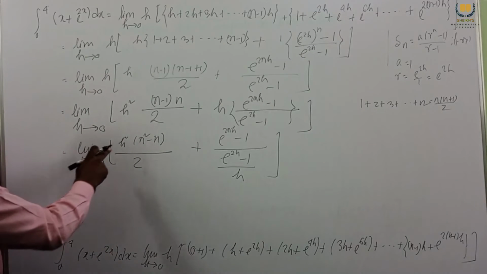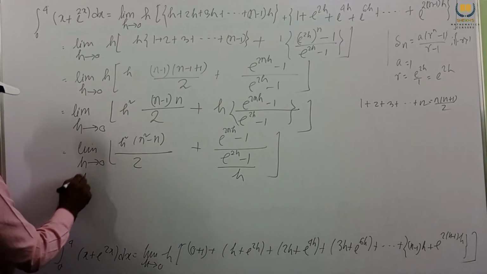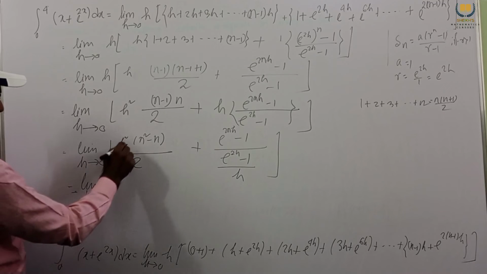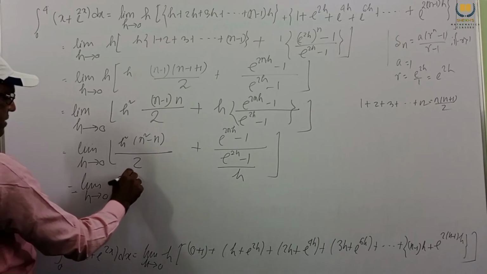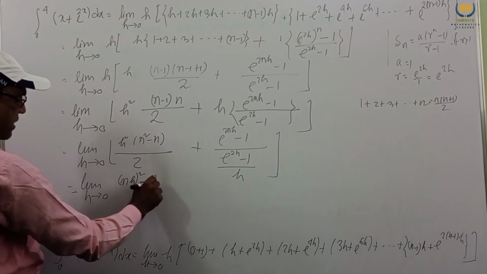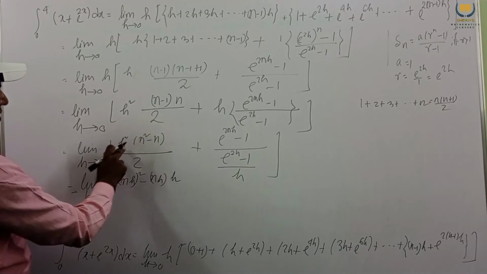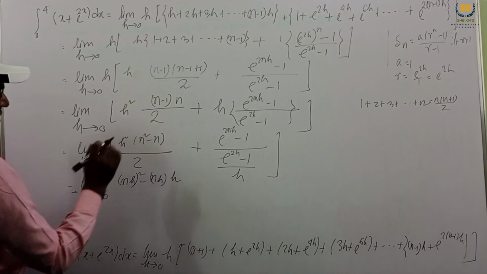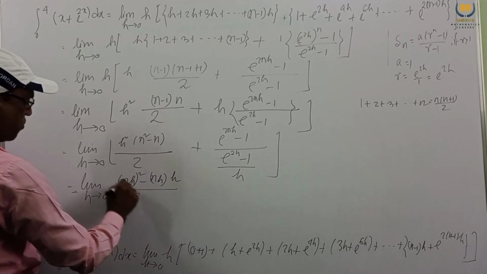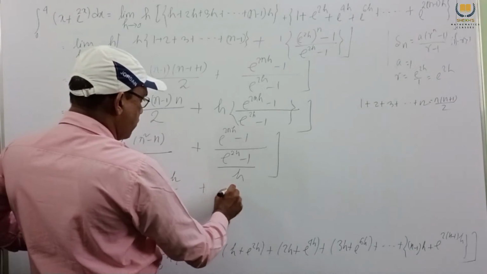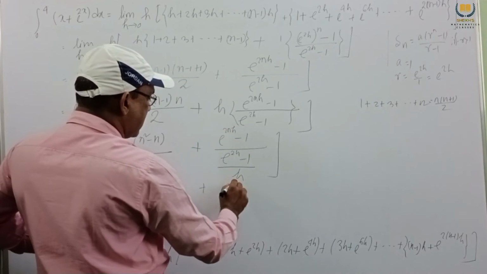Now multiplying this h square with this, limit h tends to 0, (nh) whole square minus nh into h, by 2, and this is e to the power 2nh.